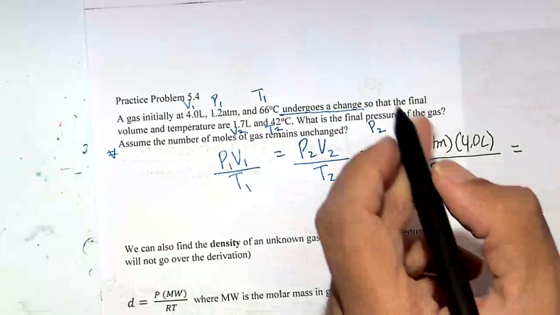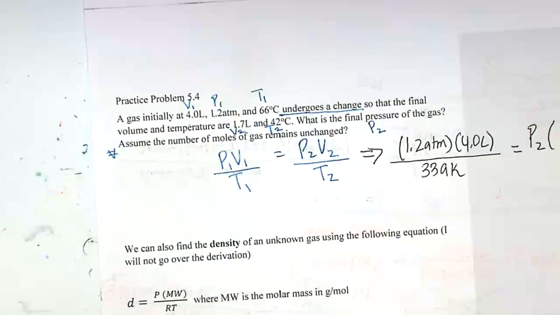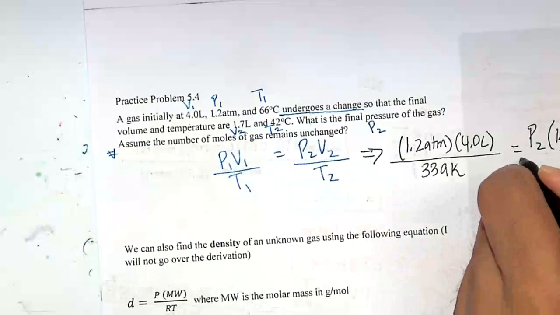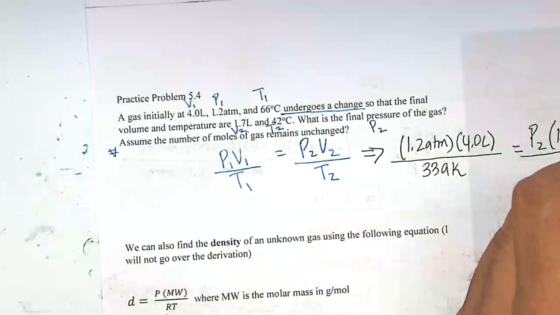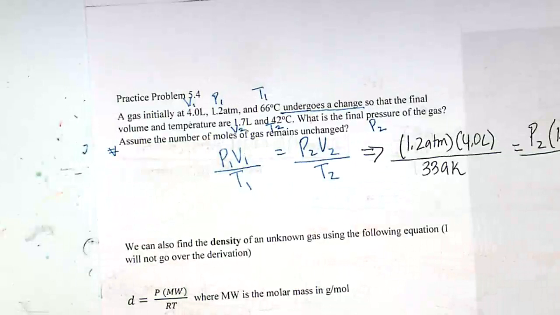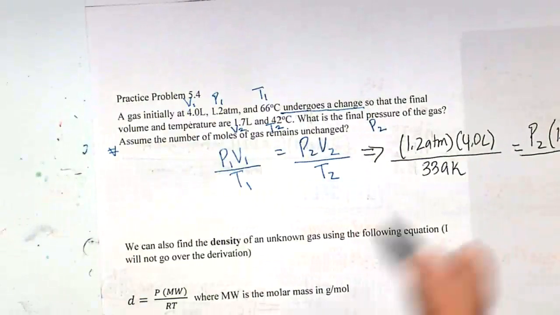Okay, P2, what we're trying to find, correct? What's V2? 1.7 liters, and then what's T2? What's 42 plus 273? 315 Kelvin.